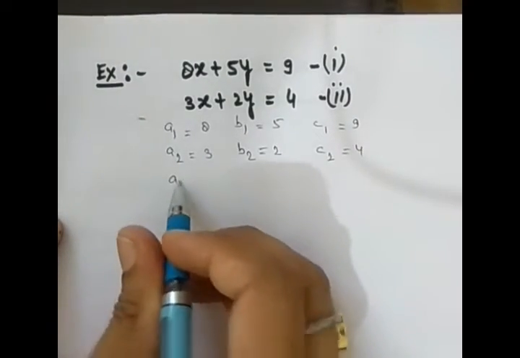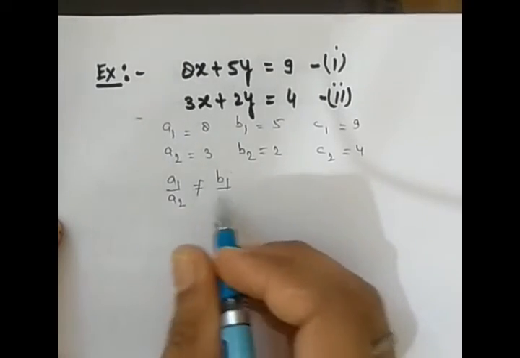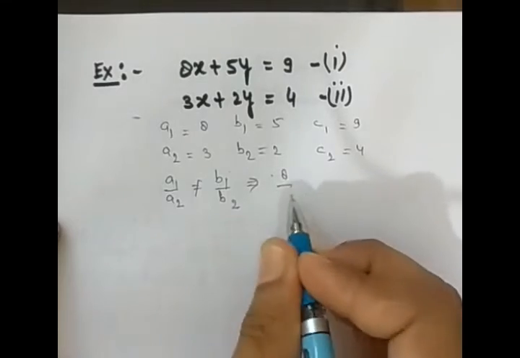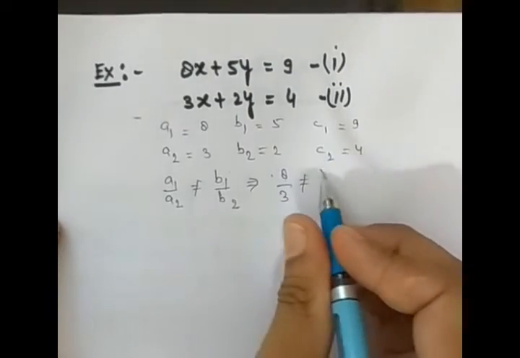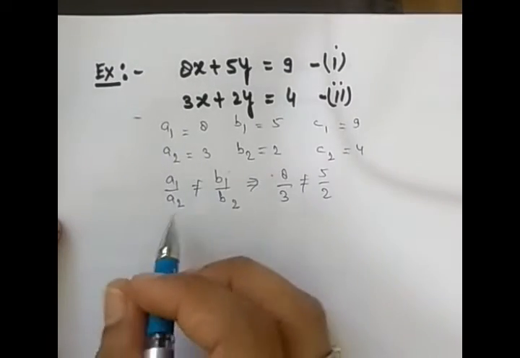So first of all, a1 upon a2 is not equal to b1 upon b2, that is 8 by 3 is not equal to 5 by 2. It means unique solution.